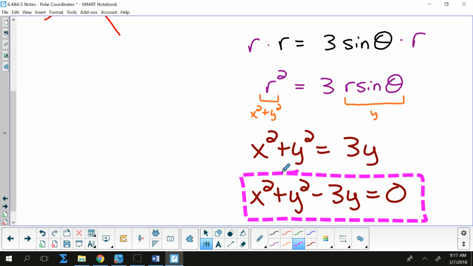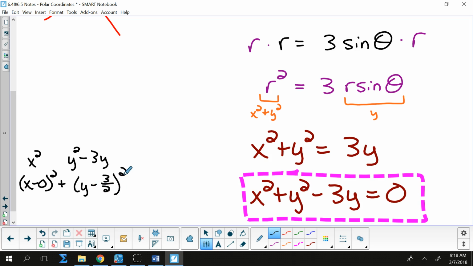What I did here is I said x squared is really x minus 0 quantity squared, and y squared minus 3y is really y minus 3/2 quantity squared. But then I had to add 9/4 to both sides to keep it balanced.